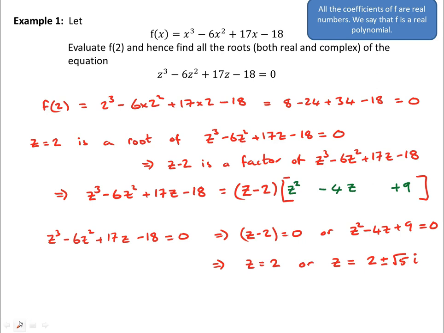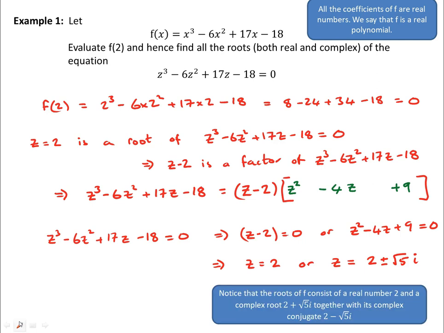And the second thing to notice at this stage is that the roots of our equation consist of a real number, that is 2, together with a complex root, 2 plus root 5i, and its complex conjugate, 2 minus root 5i.